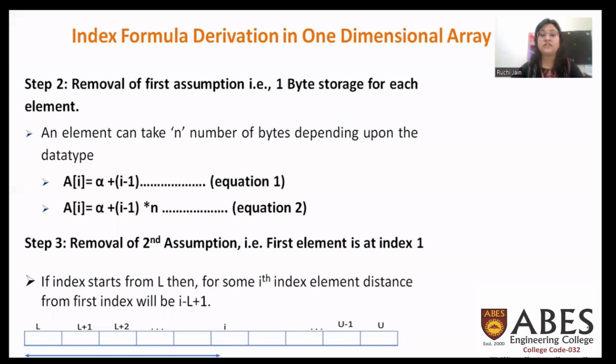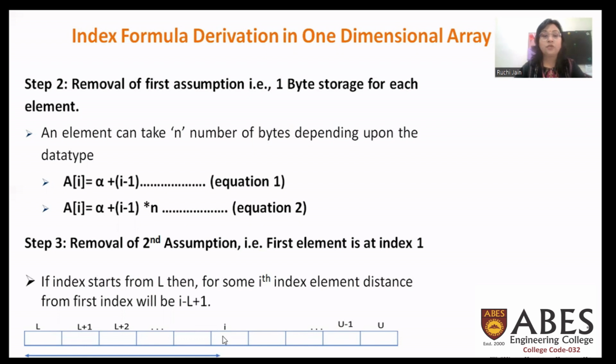The second assumption was that the first element is at index 1. But in an actual scenario, in any data structure, the lower bound can be any memory address. In an array, the first index value is specified by the lower bound. So we consider here that the index of the array starts from the lower bound, which is denoted by L. Then the ith index element address can be calculated as follows: to move to the ith position, we have to travel the distance from L to i.